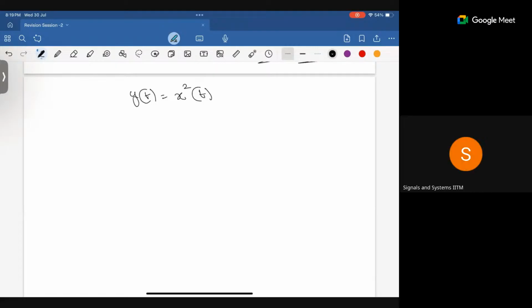Yeah, if x of t is bounded, x squaring will also be bounded, no? So if x of t is bounded between some a and b values, that's how bounded is, right? There will be a minimum and there will be a maximum value for x of t. You square on both sides, it will just be bounded between these two values, right?